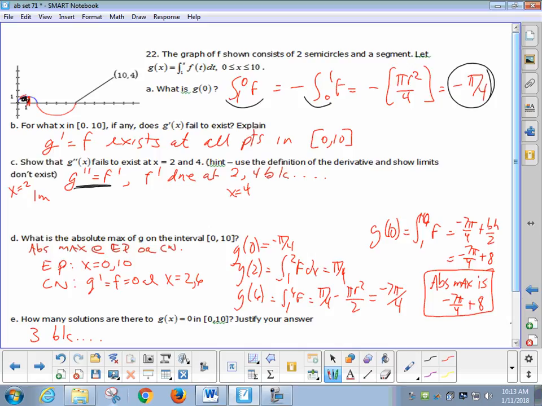Now, we know that the derivative doesn't exist at places where there's a vertical tangent or a sharp turn, but that's not justification. You can't say it doesn't exist because of this sharp turn. You have to prove it using the definition of the derivative. And hopefully yesterday's homework helped us a little. If I did the derivative at 2, then I'd be talking about what the slopes between 2 and some other point approach.